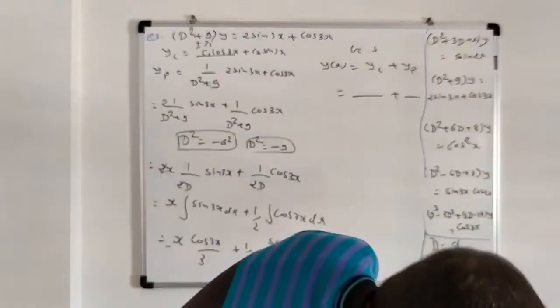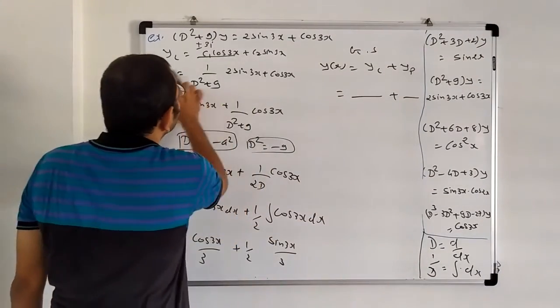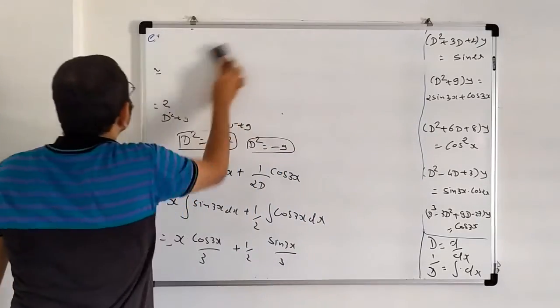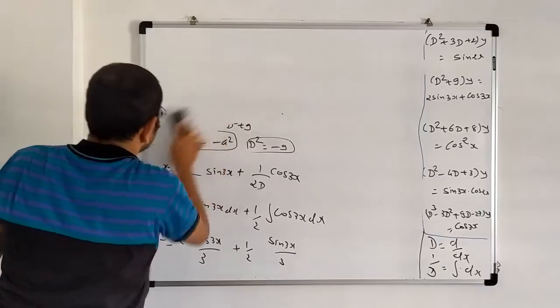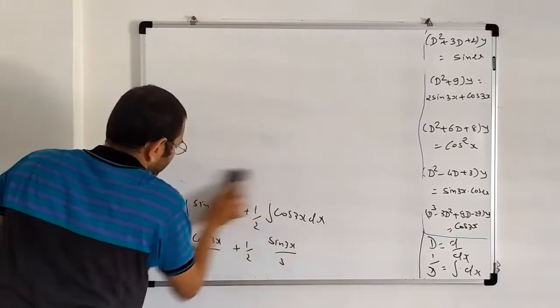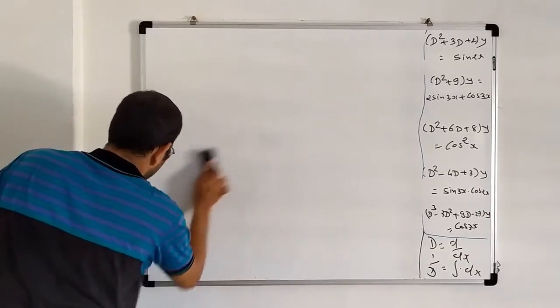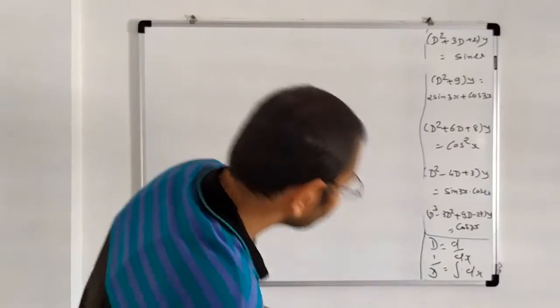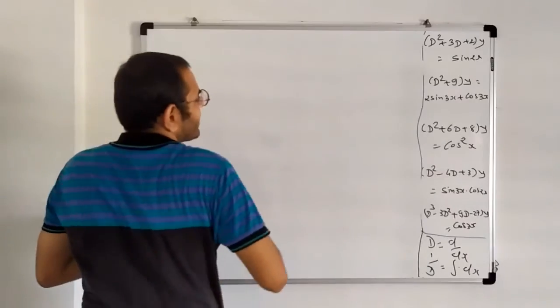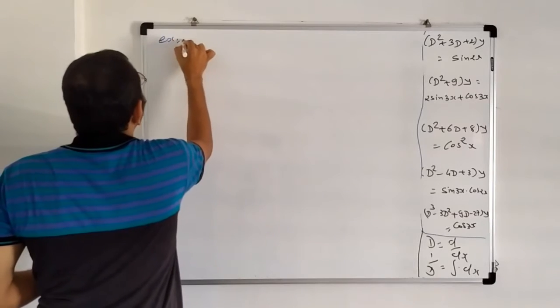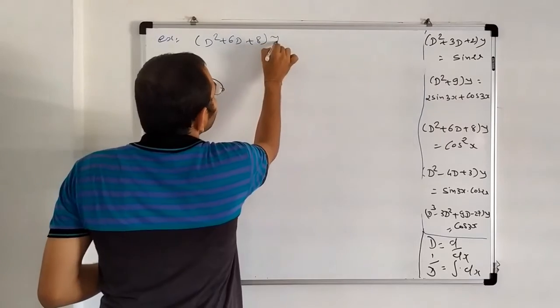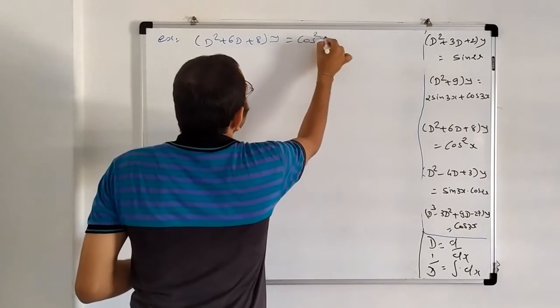Let's understand one more example. Next example: (D square plus 6D plus 8) y equal to cos square x.